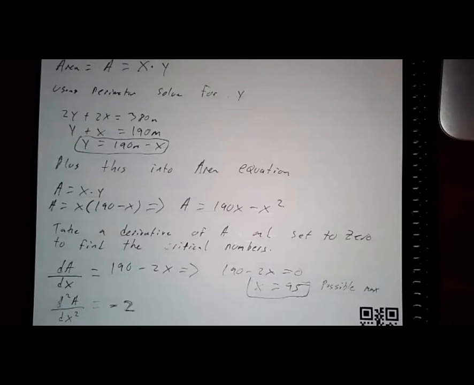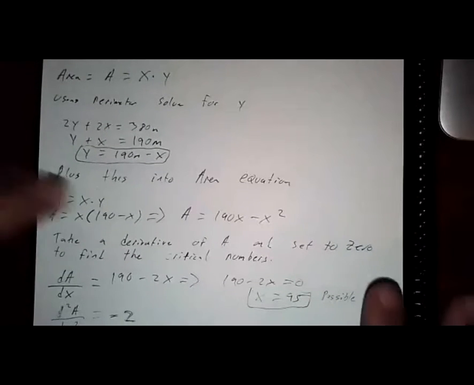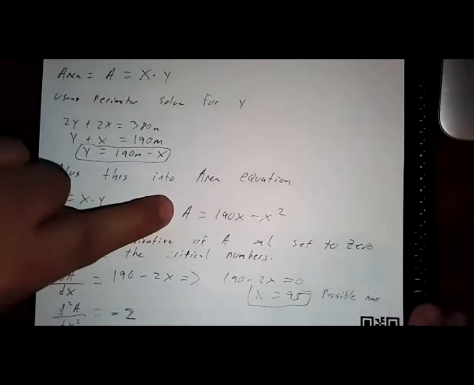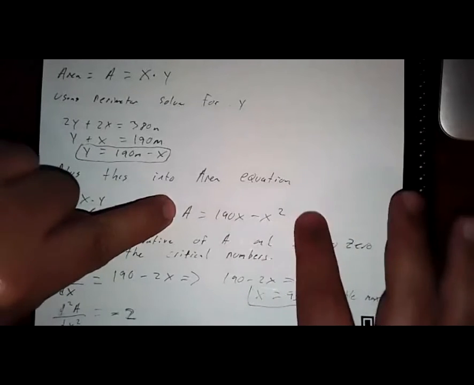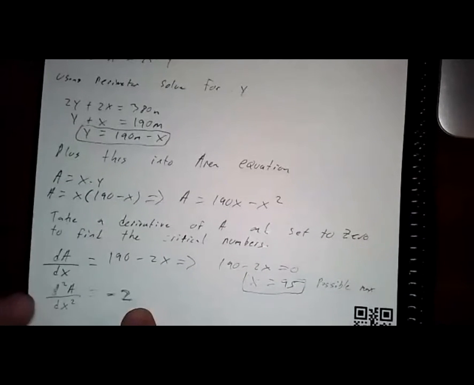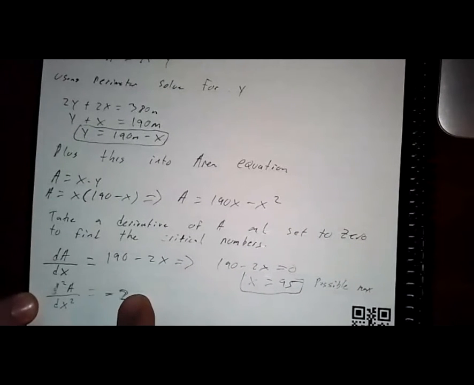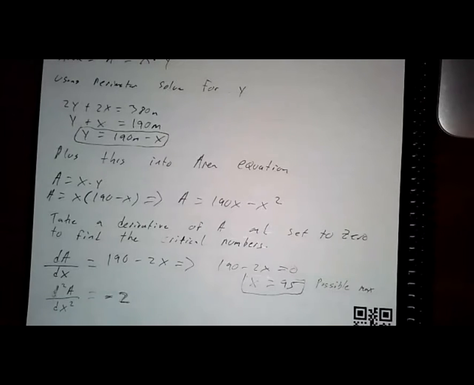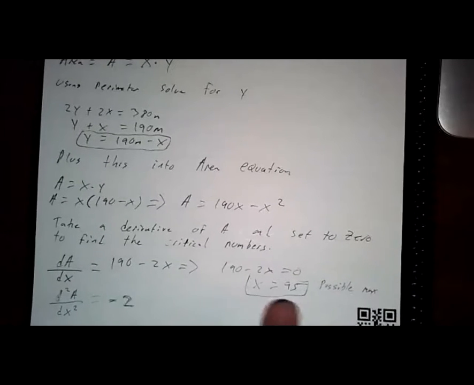Whether it's a max or a minimum depends on the function itself, which is this guy. This determined that we're going to have a max. This basically proved it here. This found the location.